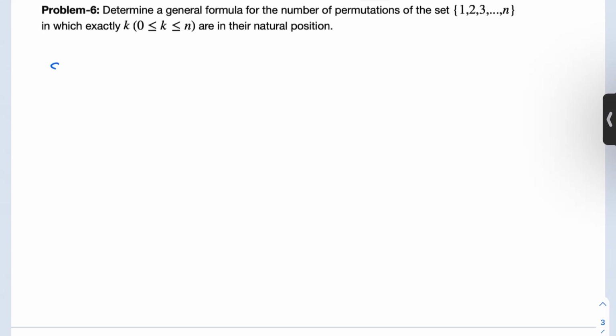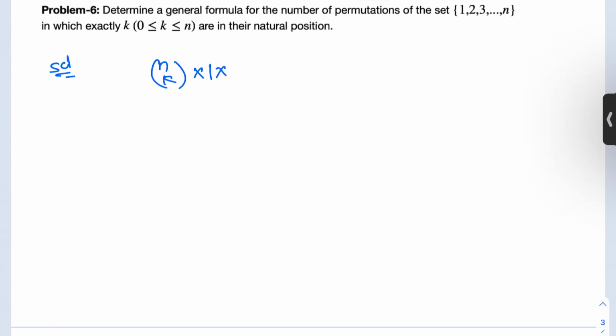Okay, so first of all, we need to pick k positions from n, so that can be done in n choose k ways. Okay, then we have to fix them. That can be done one way. Okay, then the remaining n minus k positions, in the remaining n minus k positions we have to shuffle in a way that nothing takes its own place. That means we want them to be derangements.